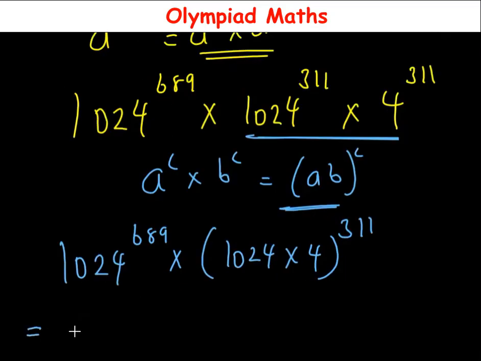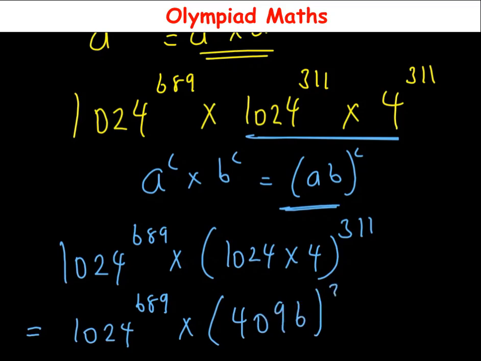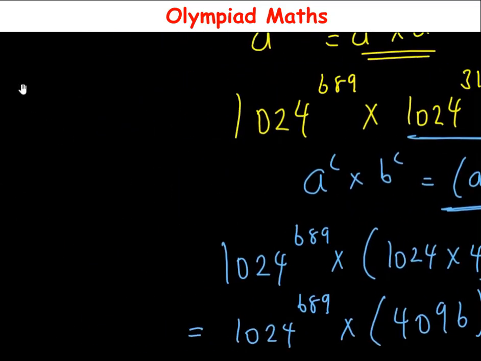This is then equal to 1024 all raised to power 689 times, now if you multiply 1024 times 4, we'll get 4096 all raised to power 311. And this is the value of 4 raised to power 5311.